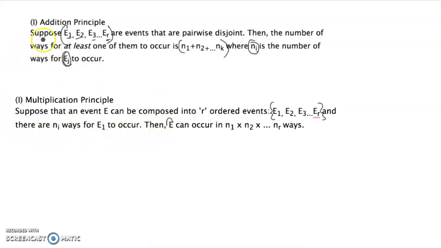Now, let's take an example in addition principle. Let's say that you have 3 pencils, 1, 2, 3, and 3 erasers. I'm going to keep the erasers as squares and the pencils as circles. 3 pencils and 3 erasers.